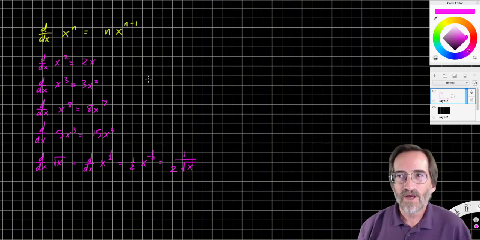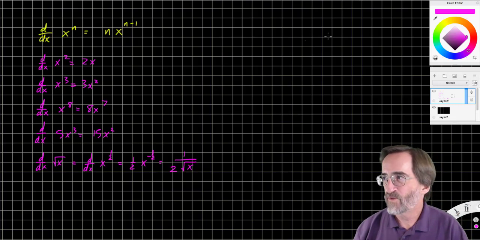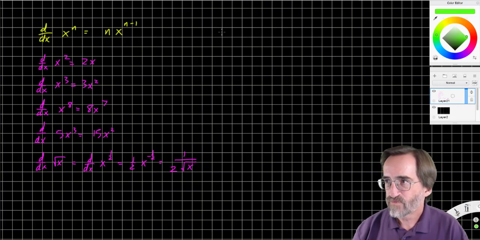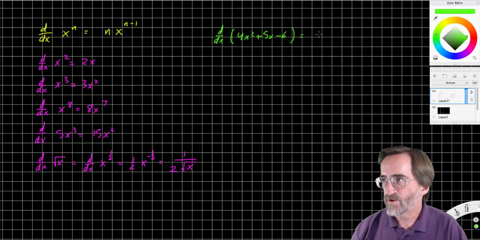And we can break that up over addition, and apply it to polynomial functions. So we can do things like this. The derivative with respect to x of 4x squared plus 5x minus 6. Bring the 2 down in front: 4 times 2 is 8, x to the 1.